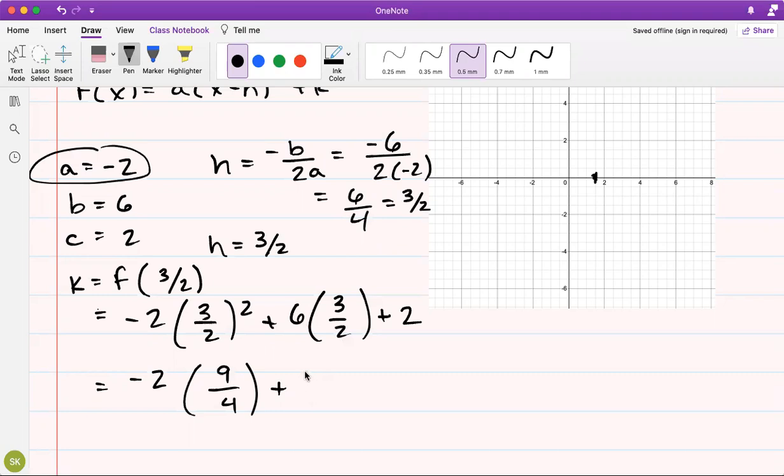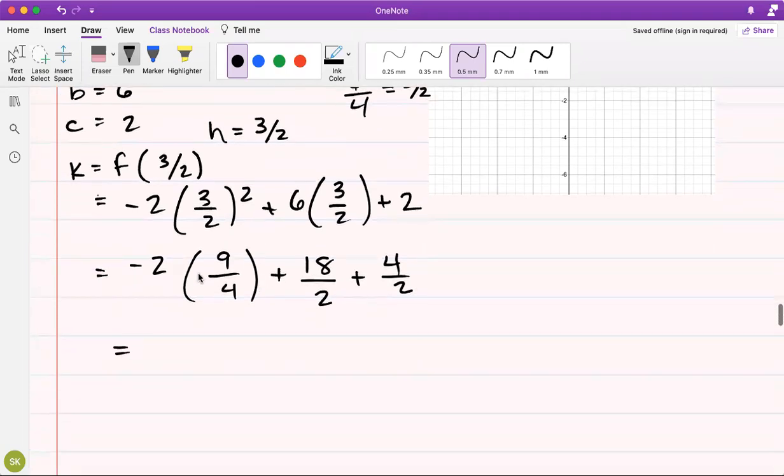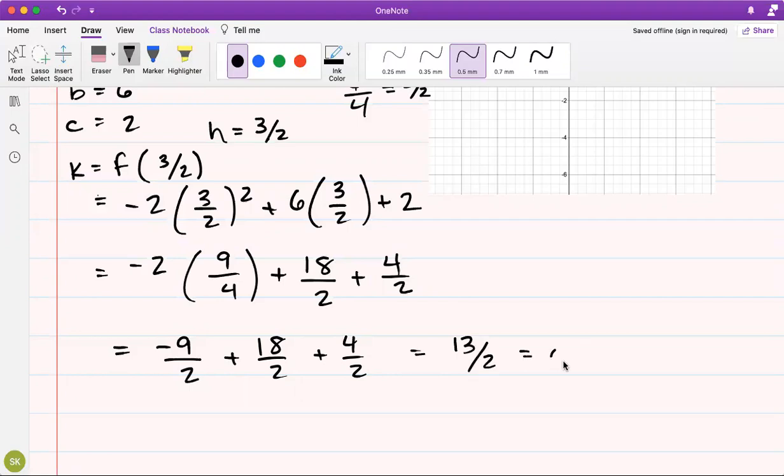I'm going to make this 4 over 2, just because I want to have the same denominator. Okay, and so this goes into 4 twice, so I get negative 9 over 2 plus 18 over 2 plus 4 over 2. Negative 9 and a positive 18 make a positive 9, 10, 11, 12, 13. I get 13 over 2, which is 6.5.